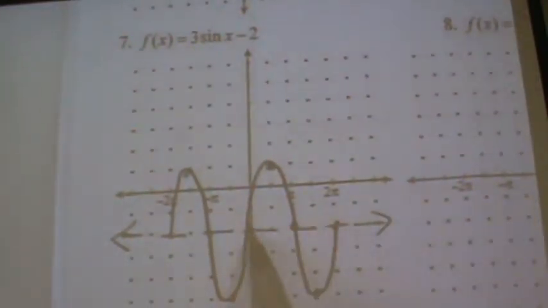So it starts here, 2 below, and then it's going to go 3 up, 3 down, or back. We say on, above, on, below, on, for sine.